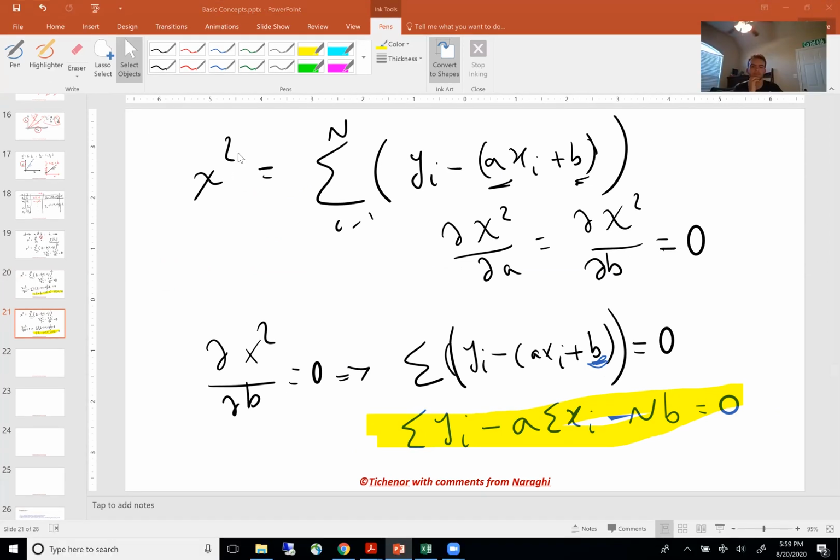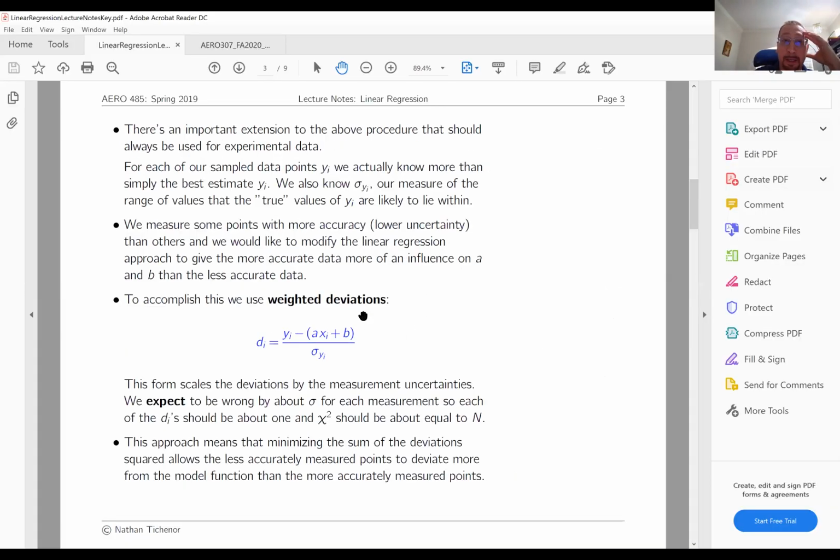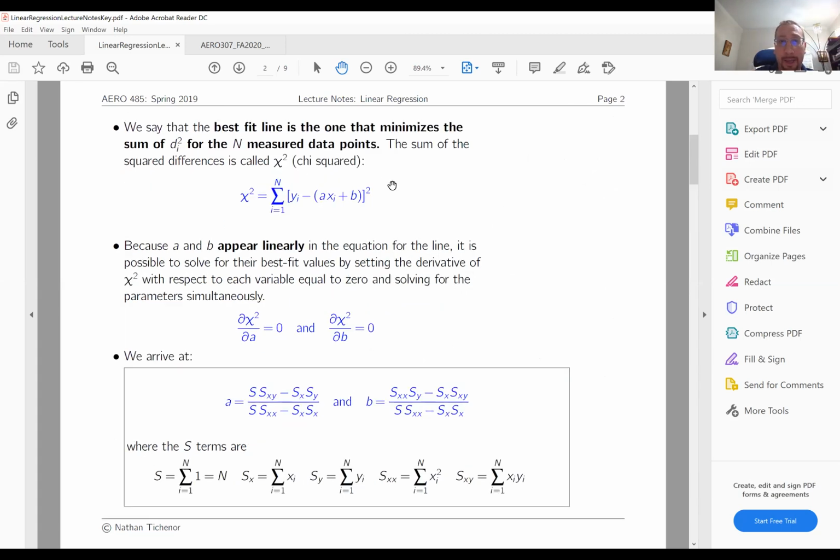So now I'm going back to the PDF file of the linear regression. So far, we minimized this error function, and we assumed that the errors have the same weight.